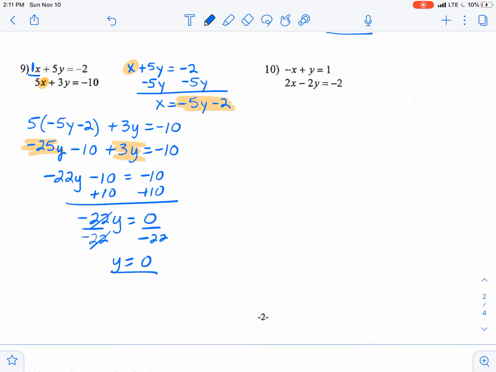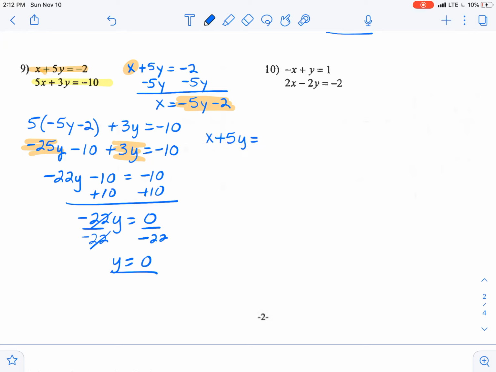Now I'm going to go back to one of my originals. Okay? So I'm going to come back up here, and you choose either one of these. It doesn't matter. I can choose either the first one, or I can choose the second one. And I'm going to put that y equals 0 in. Now I'm going to go ahead and choose the first one because I think it is simpler.